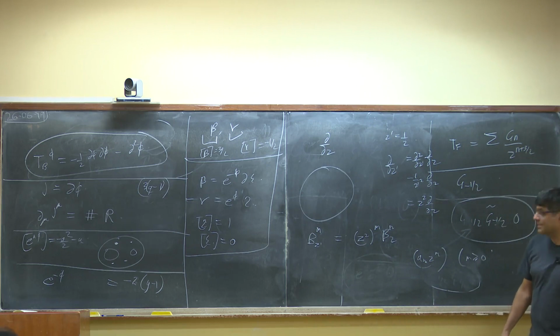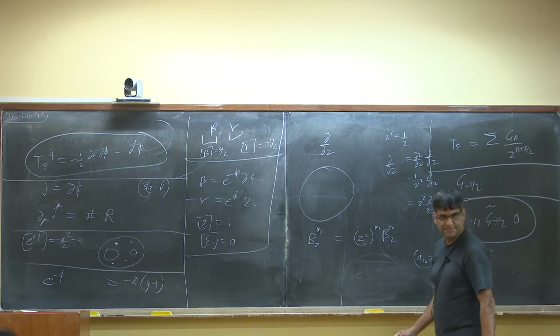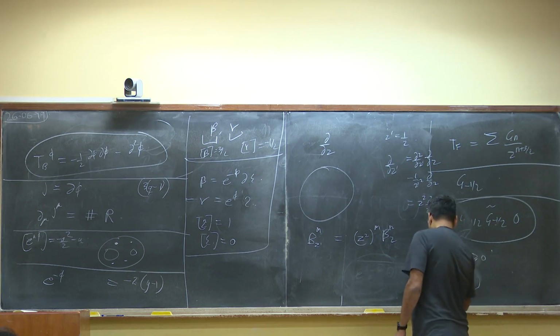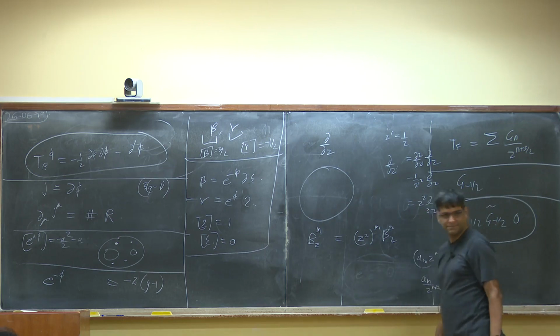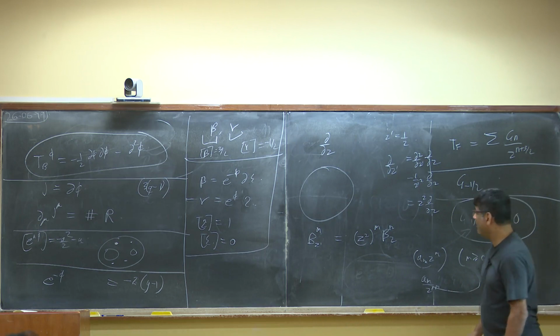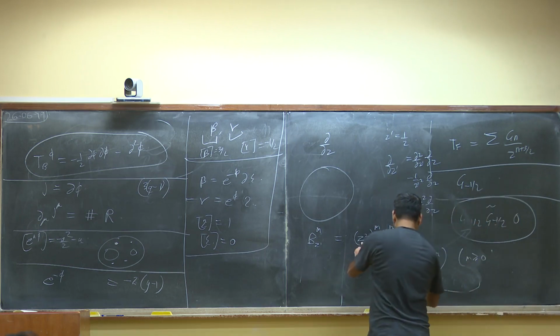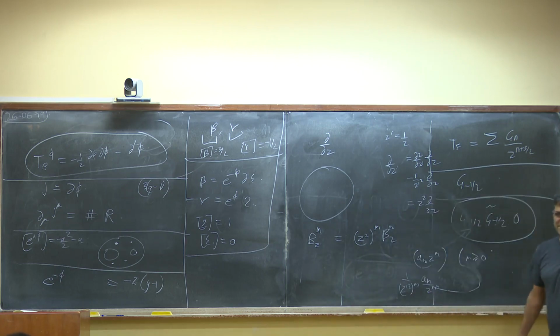Okay, now we have to transform this to z prime coordinates. So we get a_m by z prime to the power m, but multiplied by 1 by z prime squared to the power m. Is this clear?